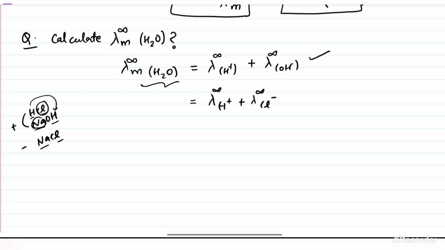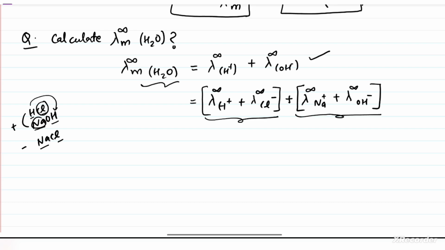So I will add H⁺, Cl⁻. Then in the second, I will add λm∞ of Na⁺ and λm∞ of OH⁻. Why are we doing this? Because these are strong electrolytes: HCl is strong, NaOH is strong. Then in the last step, I will subtract λ∞ of Na⁺ and λm∞ of Cl⁻.